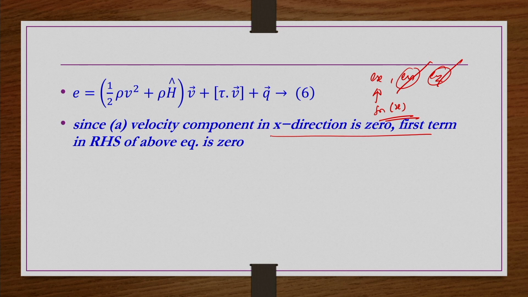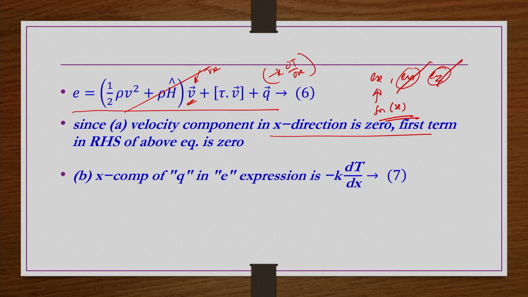So, we take only the x component of E. This is going to be Vx, and the Vx component is 0. That means this term is 0 altogether, right. And in q, you have qx, qy, qz terms, only the qx term is there, and that is minus k dou t by dou x. Only that term is required.